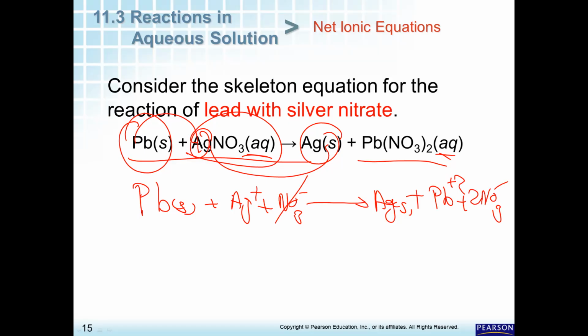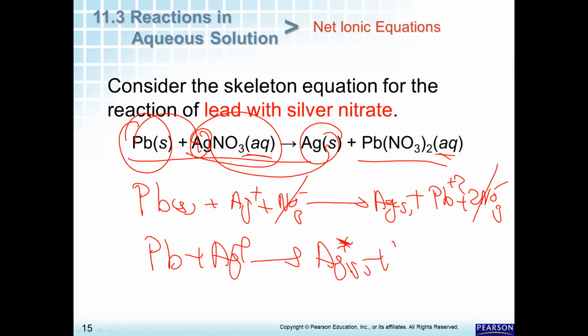Don't say there is 1 and there are 2, so 1 remains, and so on. No, it is cancelled. So this will go with that. Is there anything else that we can do? No. So what is left is Pb plus Ag plus to produce Ag solid. I'm sorry, this is solid plus Pb2 plus.